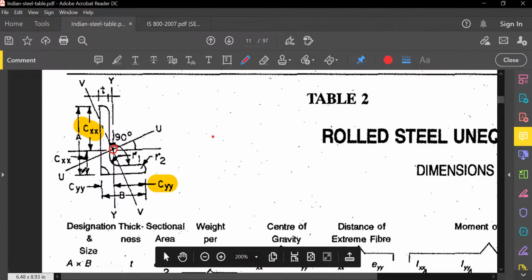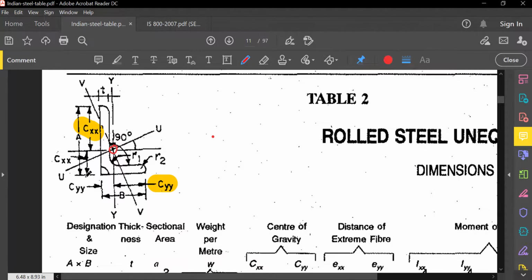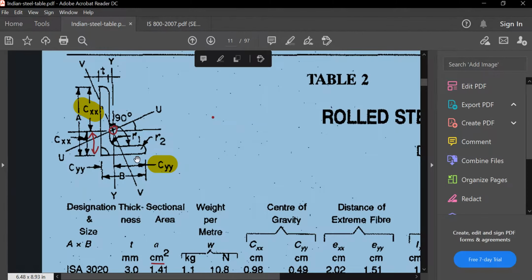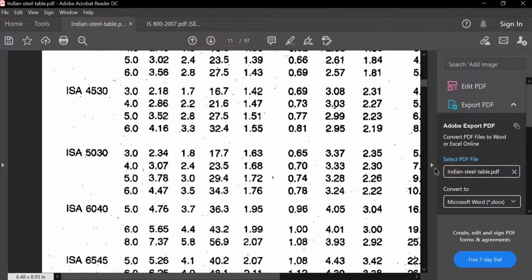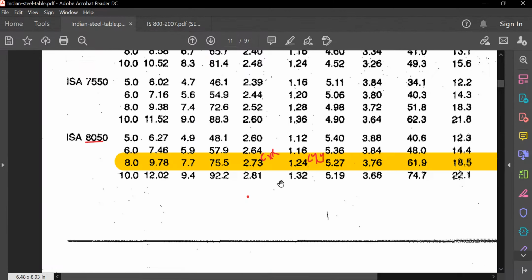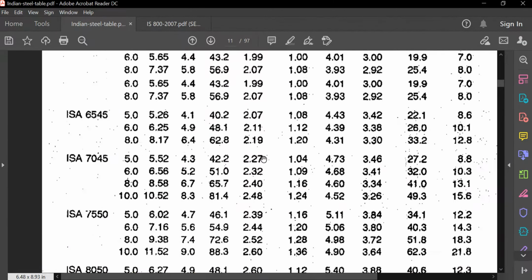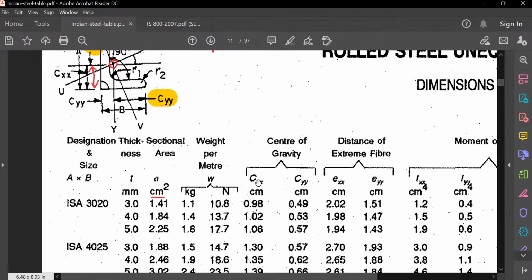It is the distance from the bottom of the leg to the center of gravity of this element, as clearly mentioned here. That is CXX, and that value is given as 2.73, and the unit is centimeters.